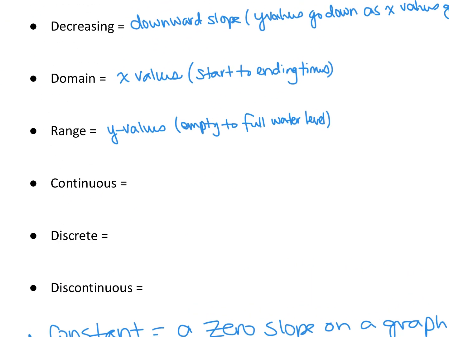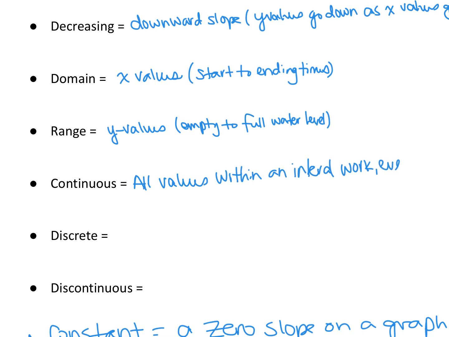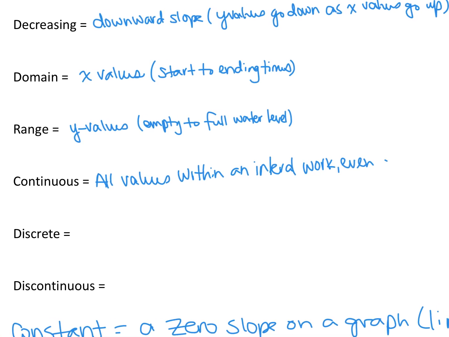So continuous is where all values within an interval work, right? There's no gaps in the data, even the decimals work. All values within an interval work, even decimals.